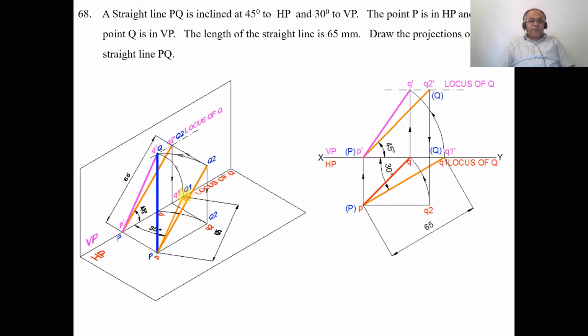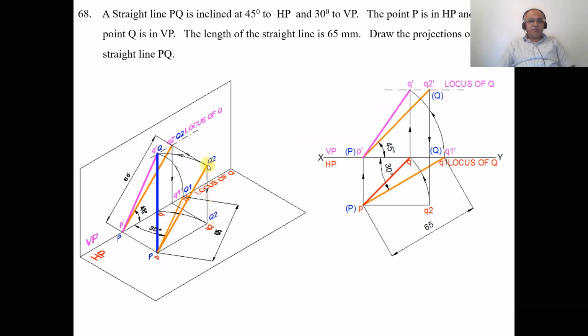Now when we want to find out the top view, how do we find it? As we know that it is the true length in the vertical plane, now we have to take it parallel to XY. When you are projecting this, both P and Q2 are in front of VP by 30, which is parallel to XY line.